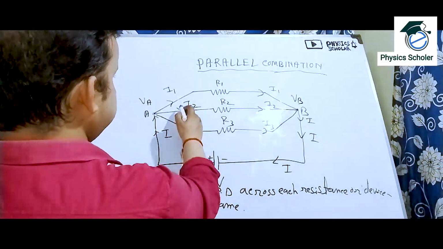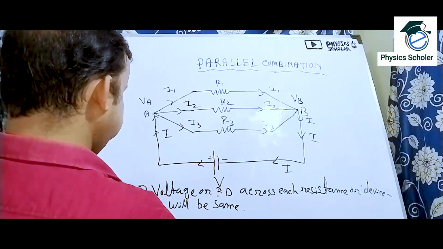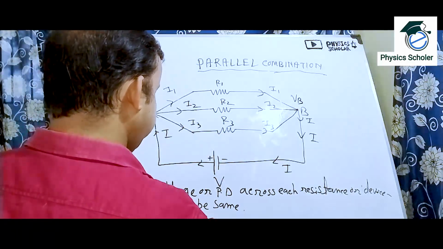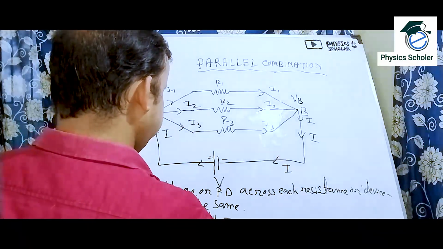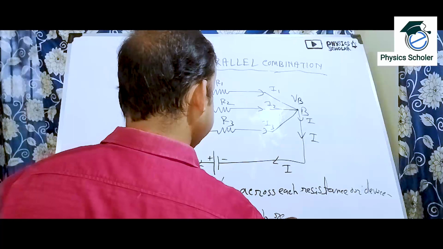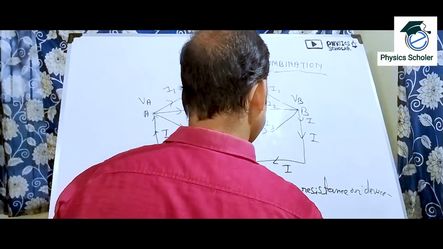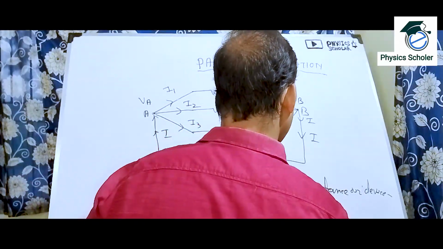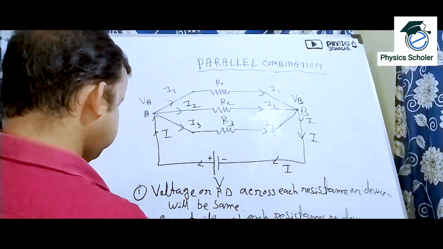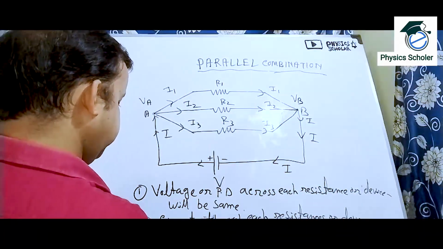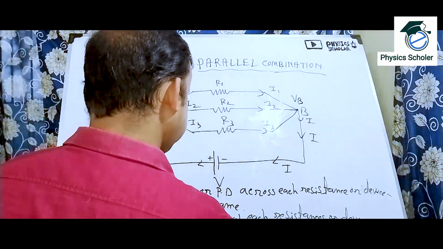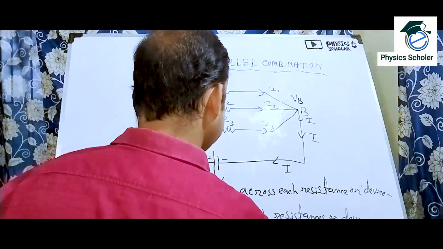Number 2, the current through each resistance or device connected in parallel is different.